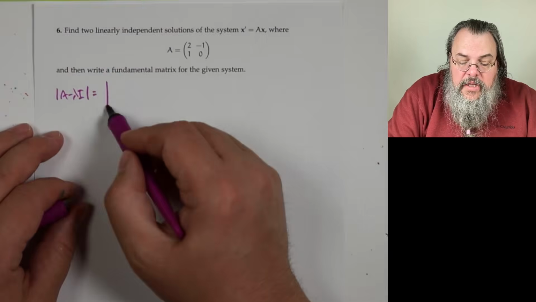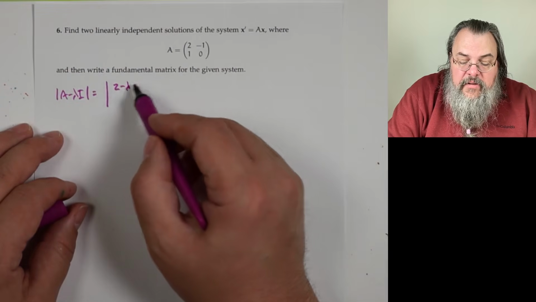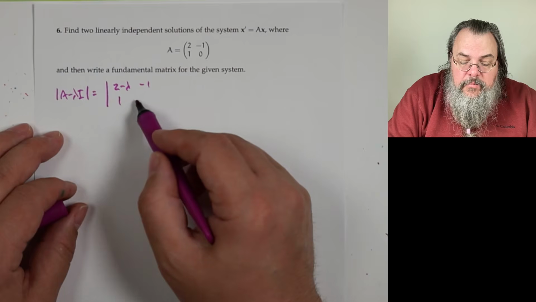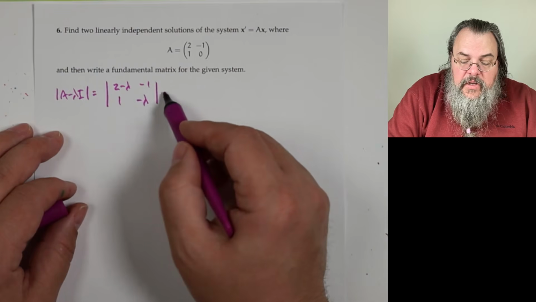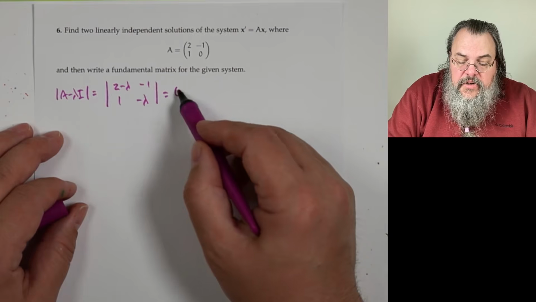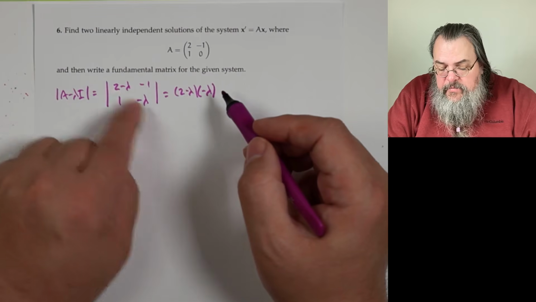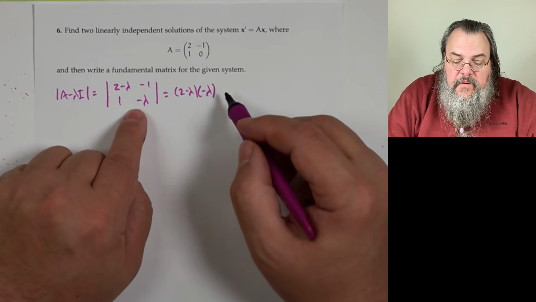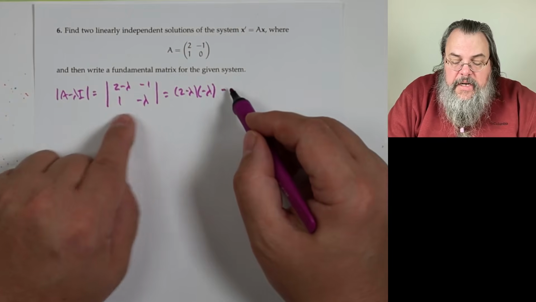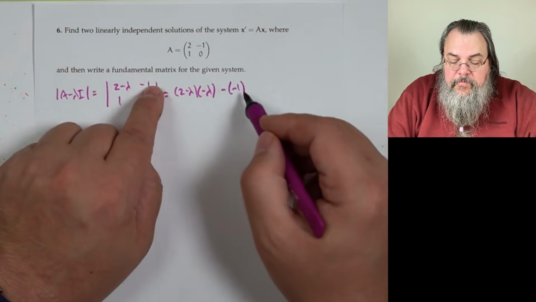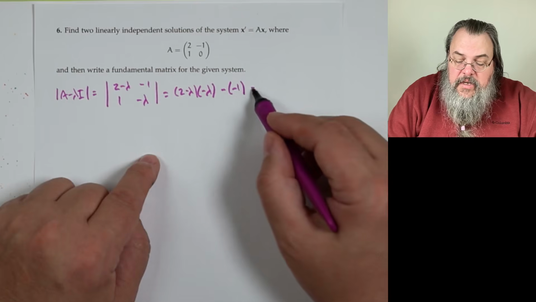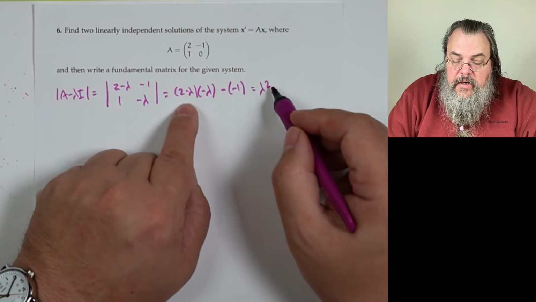So that's going to be a determinant, 2 minus lambda, minus 1, 1, minus lambda. So do our multiplication, 2 minus lambda times minus lambda. Don't forget these minus signs. They're important. Be careful. No need to rush. Minus 1. Okay, so that becomes lambda squared, right?